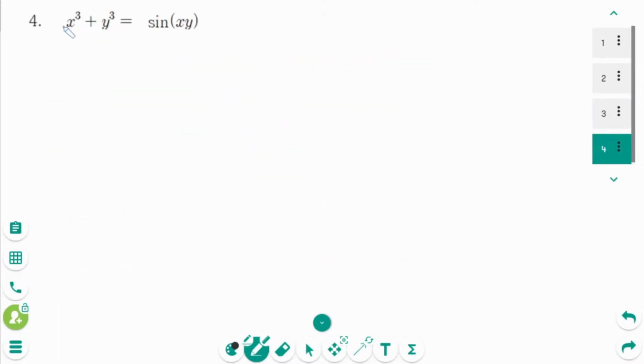Question 4. d/dx of the left-hand side equals d/dx of the right-hand side. Then 3x squared plus 3y squared times dy/dx equals cosine of x times y times d/dx of x times y.